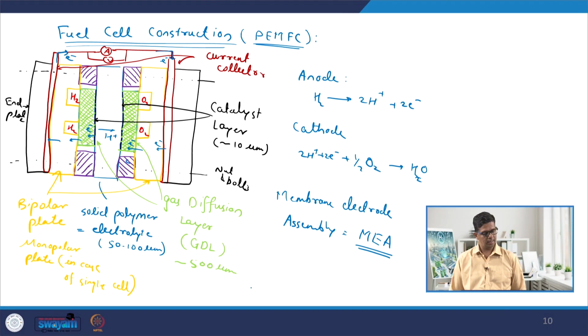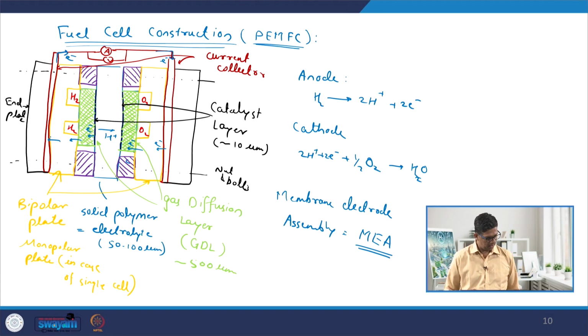As we can see, in some cases the end plate is kept as an option. We can have this end plate, or we can also treat these bipolar plates as the end plate itself. In stacks, typically we can have the end plates at the end, and the rest of the bipolar plates are arranged in an appropriate manner.